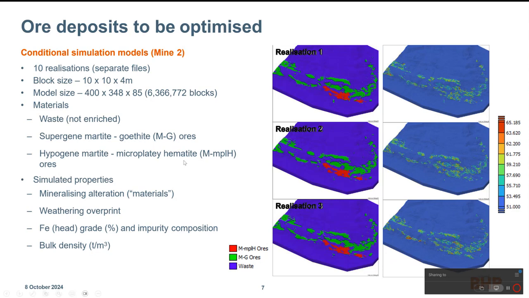In the ore deposits, there are 3 main material types: unenriched material or waste material, high phosphorus supergene martite goethite ores in green, and low phosphorus hypogene martite microplaty hematite ores in red. And for each of the ore deposit models, the head grades of each block are simulated along with the layout of the different material types and their bulk density.